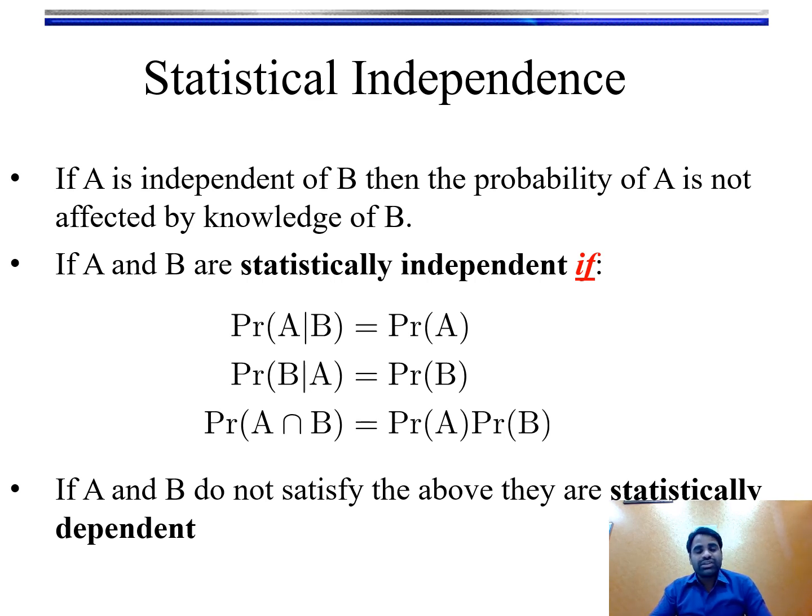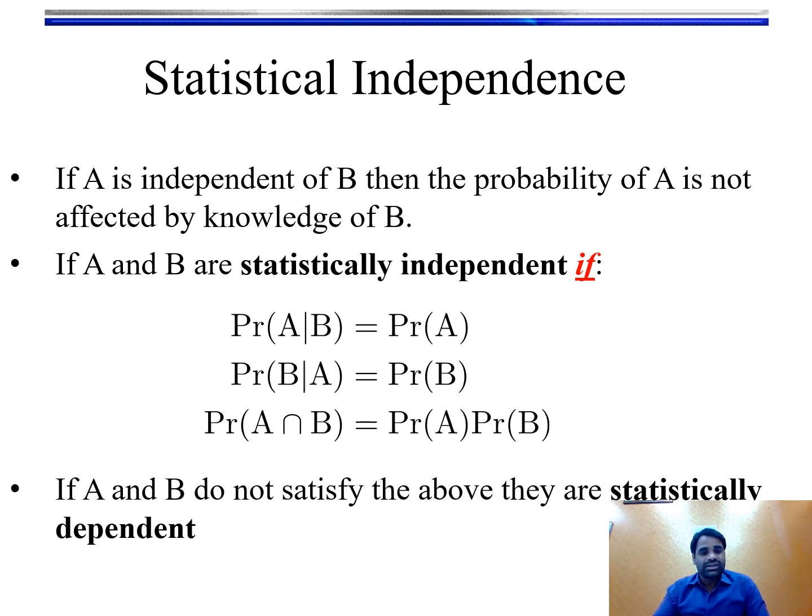When two events are statistically independent, that is, event A is independent of B, then the probability of A is not affected by the probability of B. Similarly, the probability of B given A does not depend upon the probability of A. So when the two events are statistically independent, the conditional probability becomes the marginal probability of that particular event.